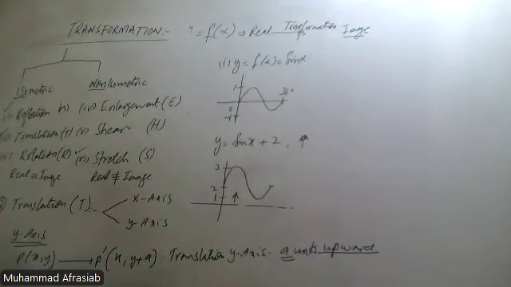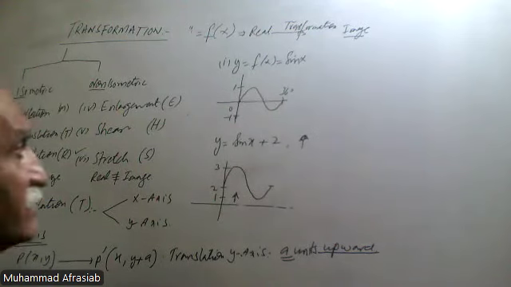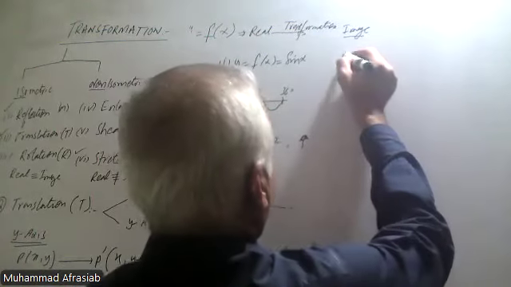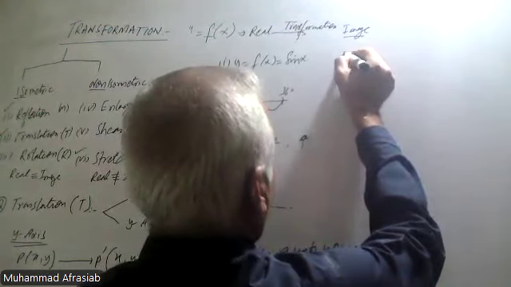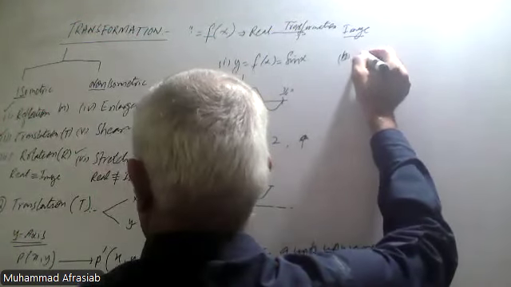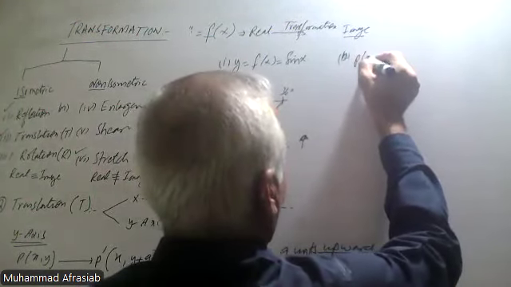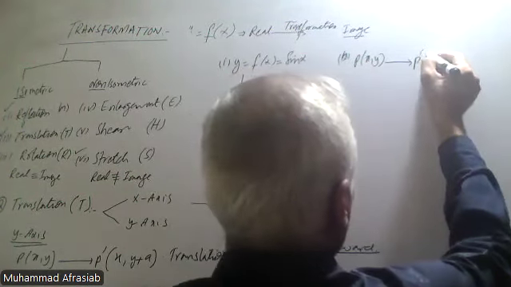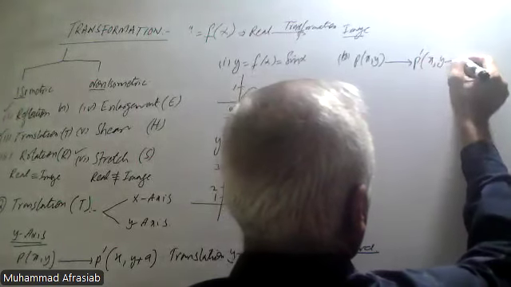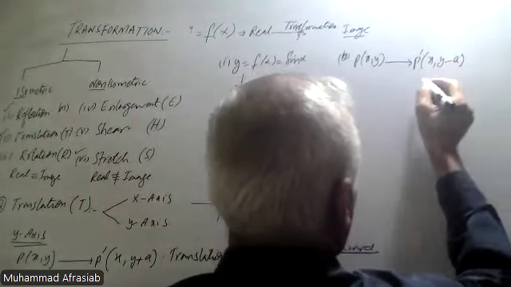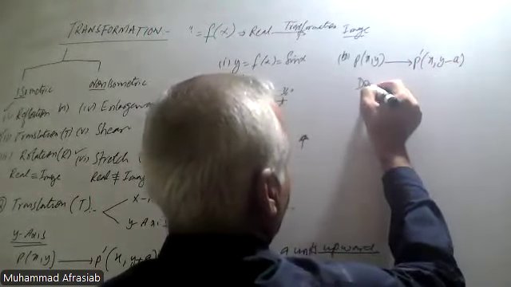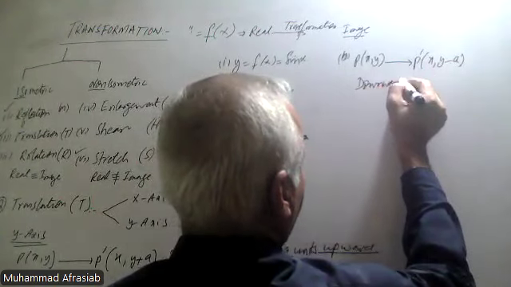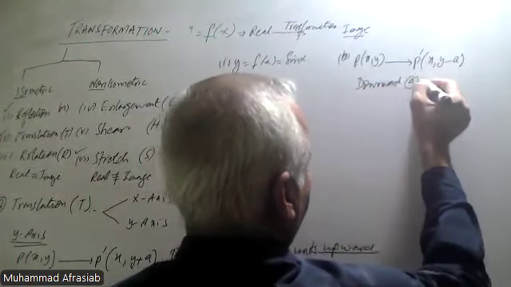And if we draw the next graph of this, let's say P point is (x, y). After transformation, this point will become P dash (x, y minus a). So that means it is downward a units.